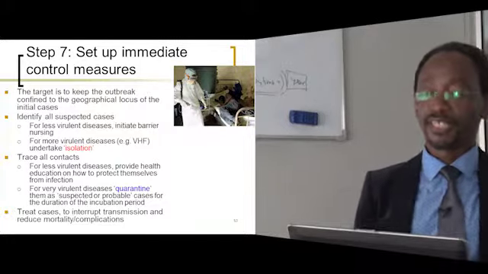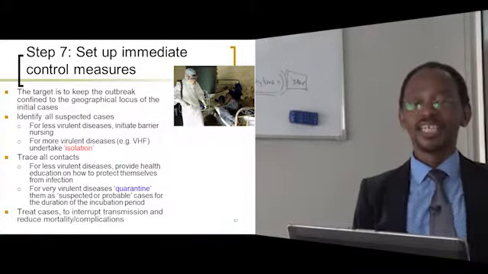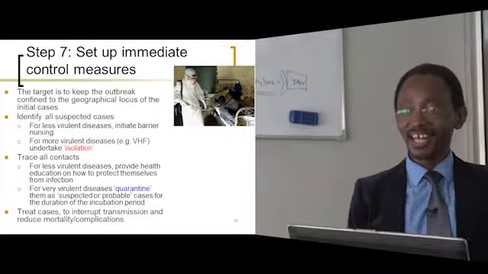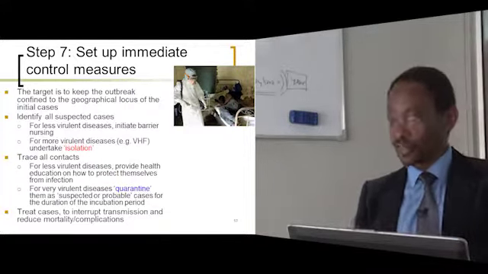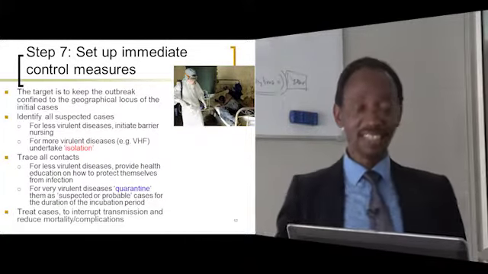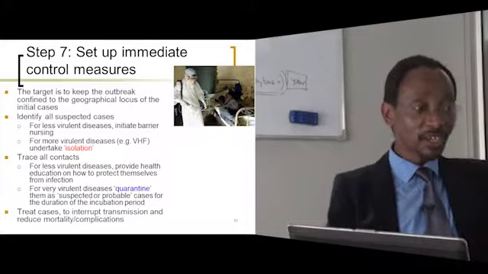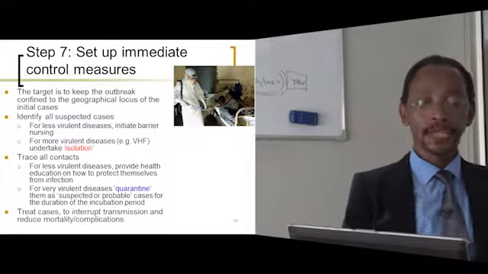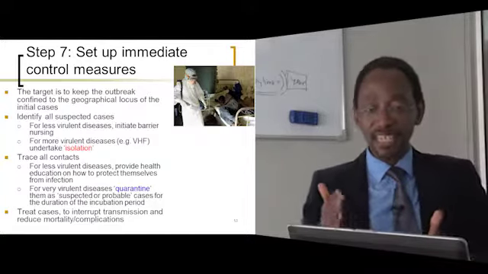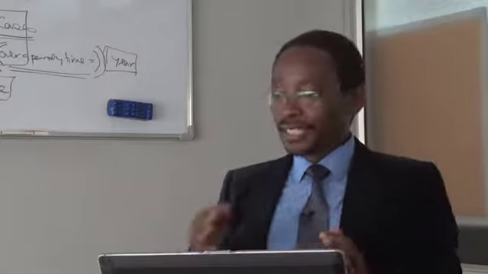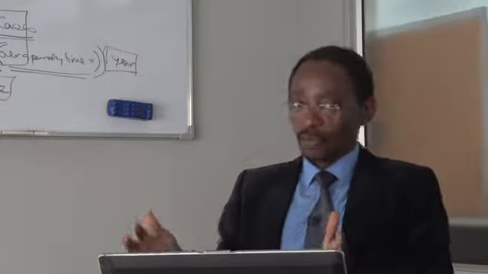So after the local response, number 7 is to set up immediate control measures, because as you do these other administrative issues and the technical issues of confirming the outbreaks, other cases are being infected down there in the villages, but also in the hospitals with the patients in the isolation units. So you have to set up immediate measures to control the epidemic within the geographic area where it has occurred.